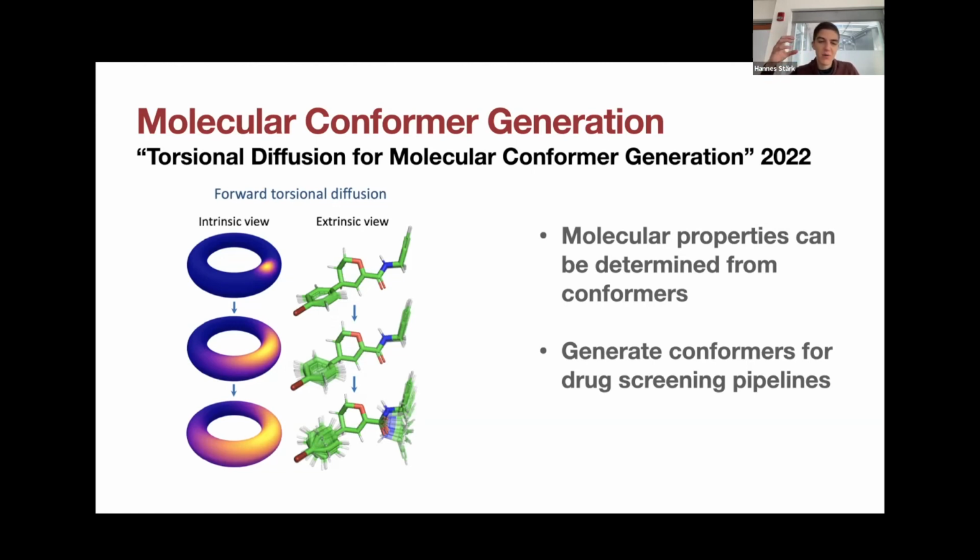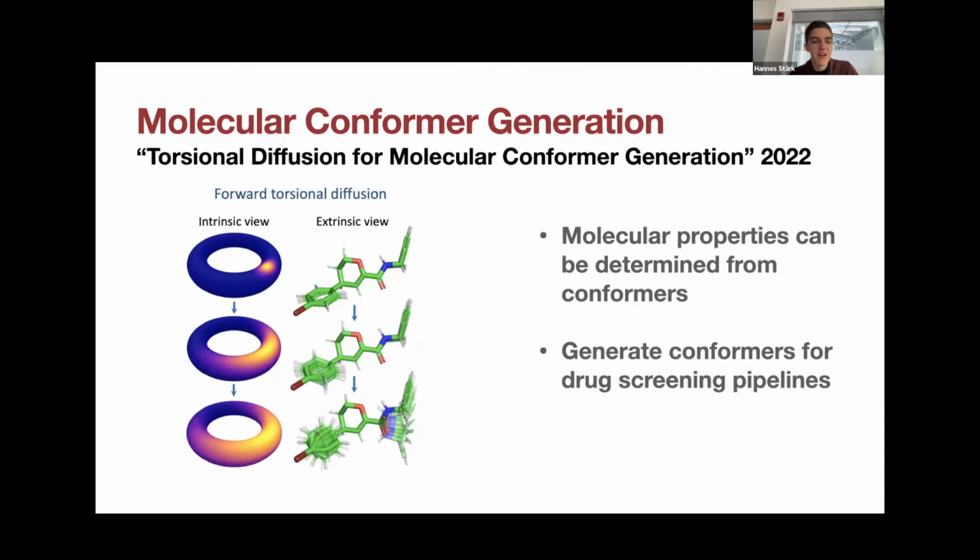If we have a protein and want to dock or bind a small molecule to it, then the small molecule often needs to have an initial structure, and we can now generate this with this molecular conformer generation method.